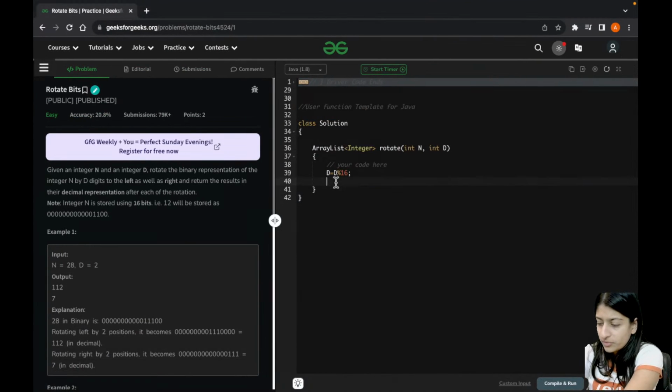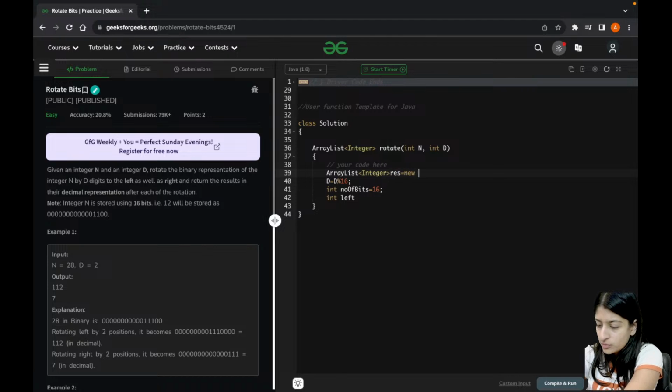So let's move on, and int x I am taking, that is the number of bits, is 16. Now let's evaluate the left number that you want to store into an array list. Let me just take an array list of integers.